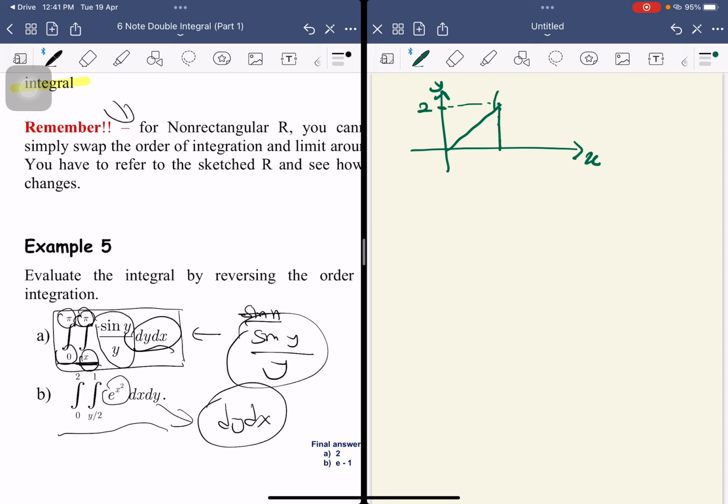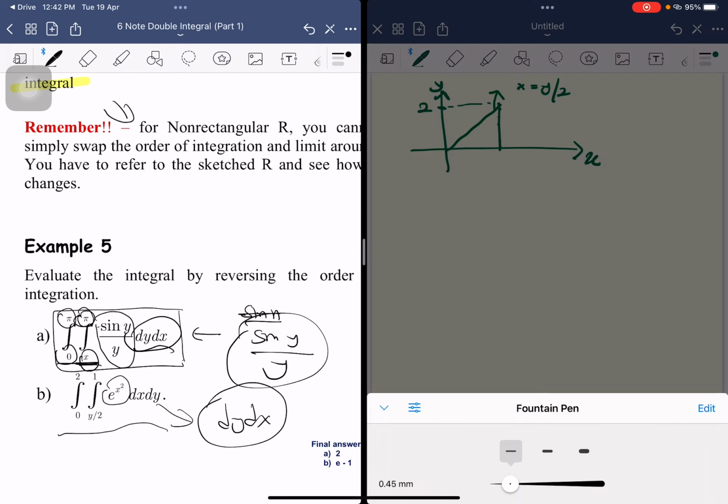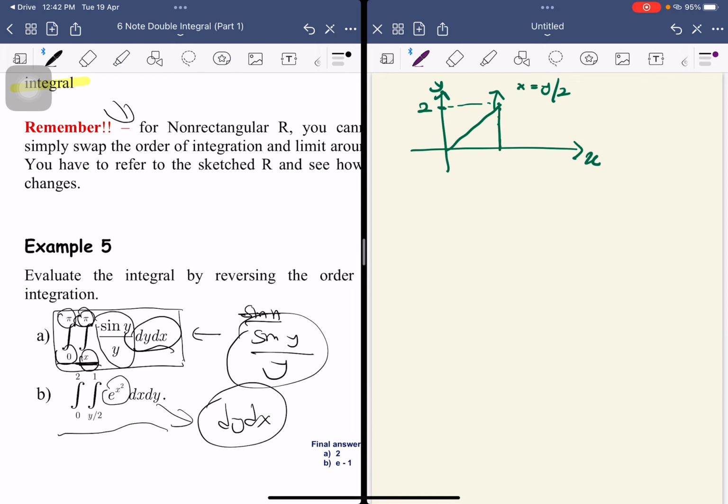So this line is x equal to y over 2. Based on this limit, you should know that the shaded region is in this part. That is the shaded region based on the original question.